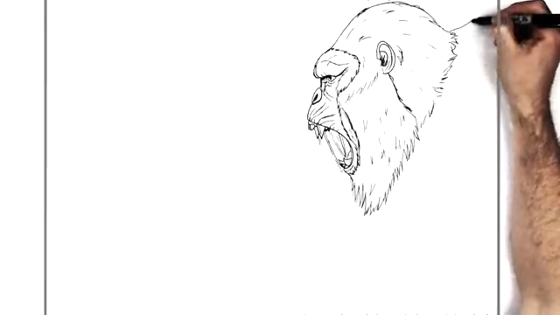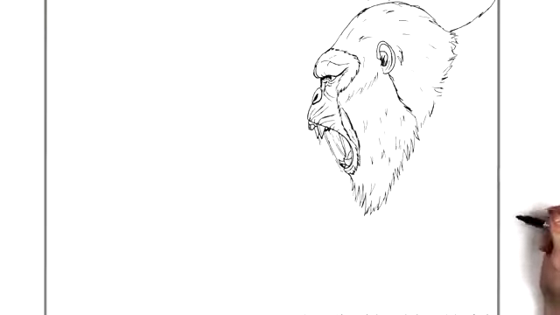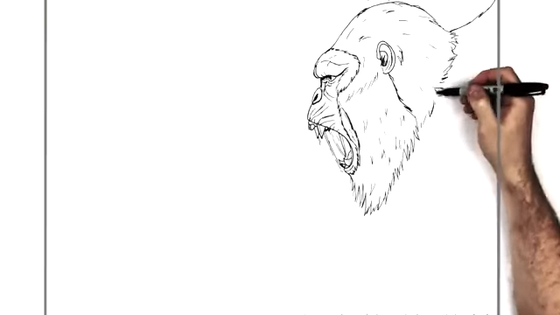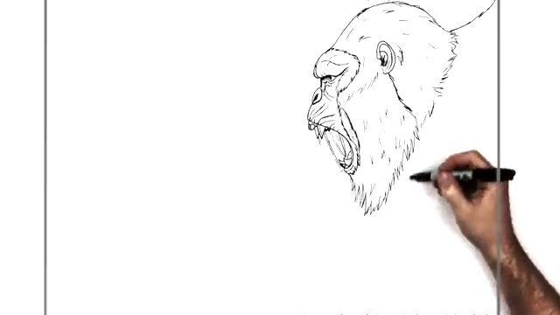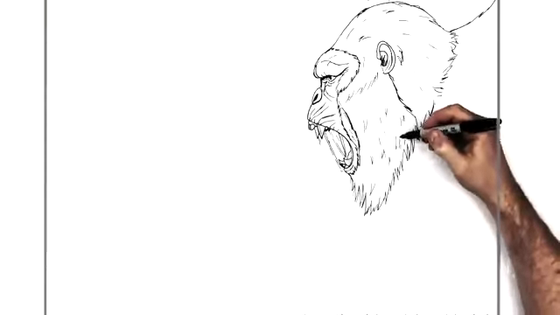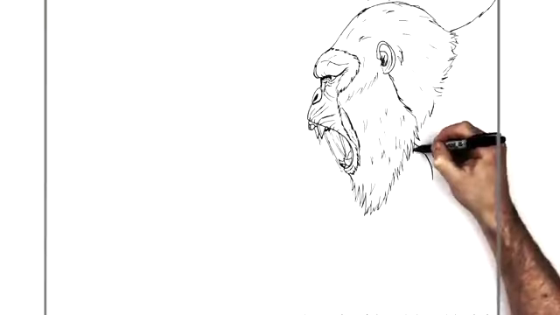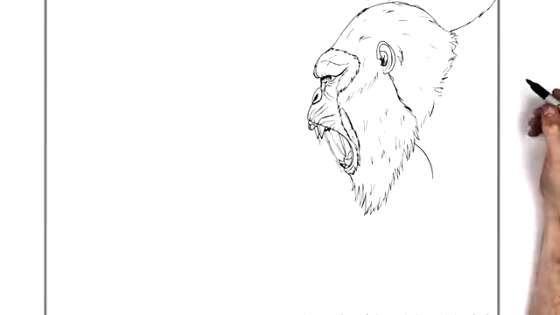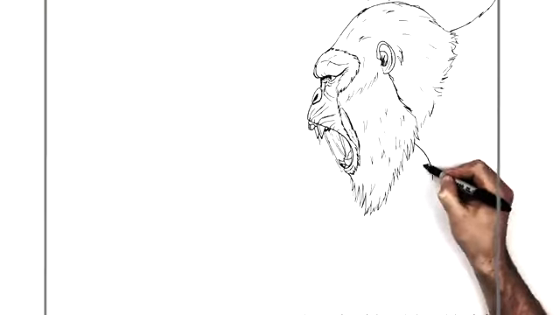Right, so then his shoulder is going off up back that way. And then we have his chest and his neck down here. So we have his neckline just there, and then a neckline coming out here.